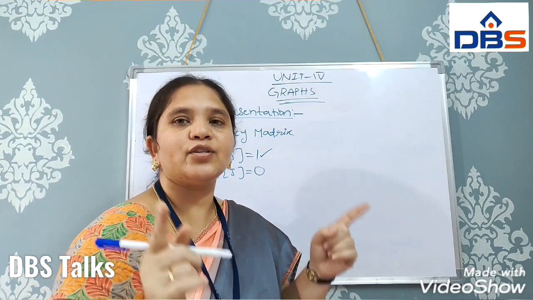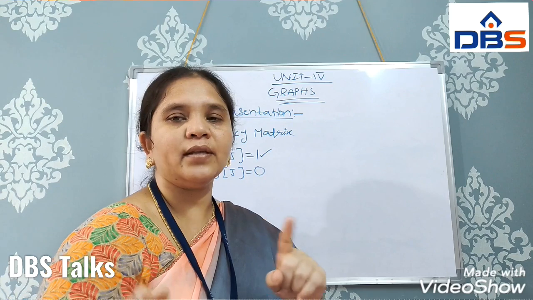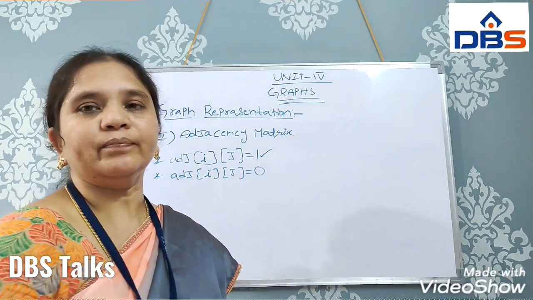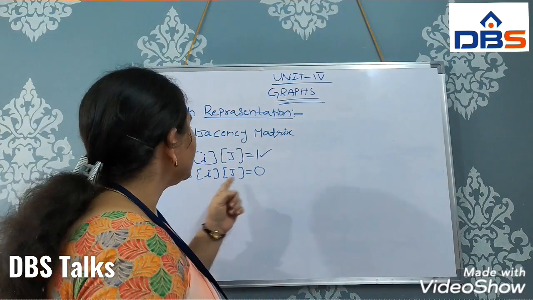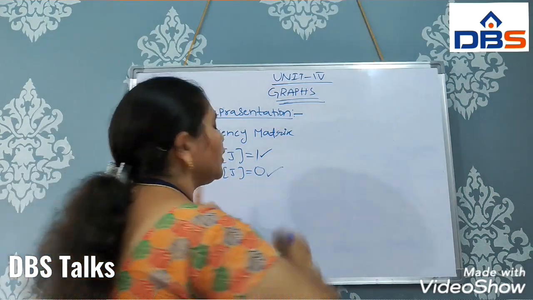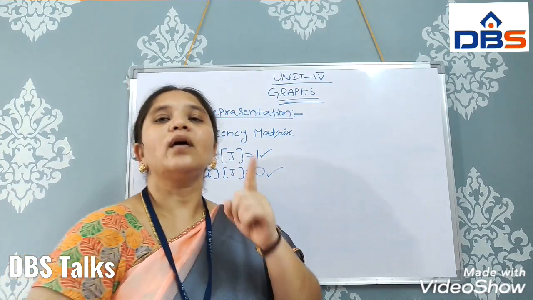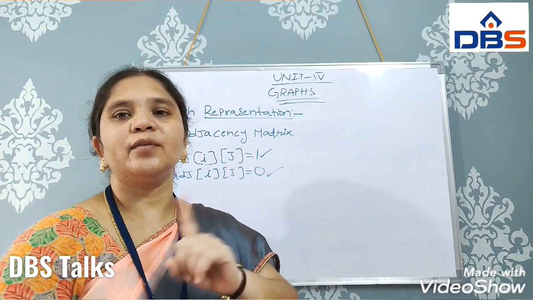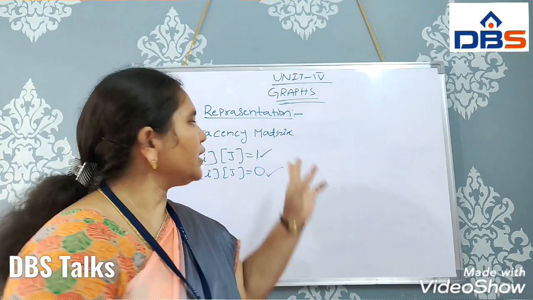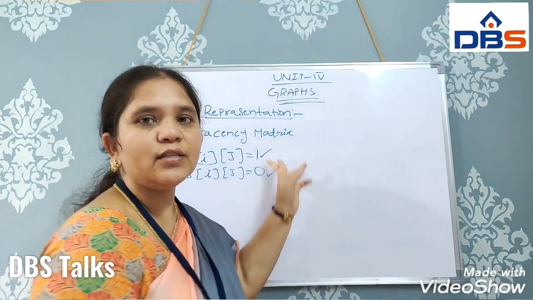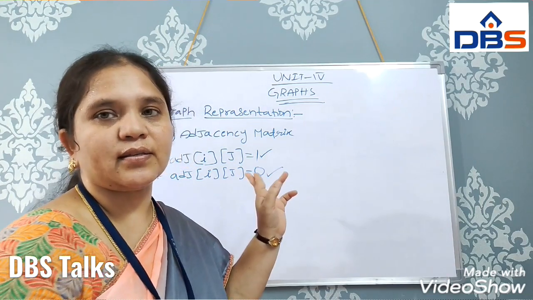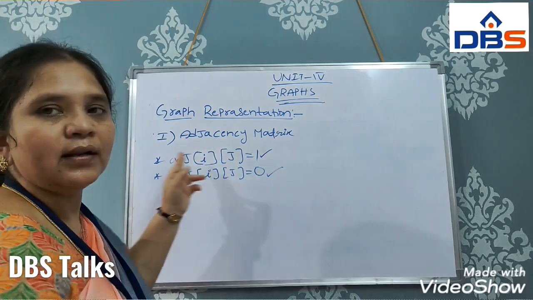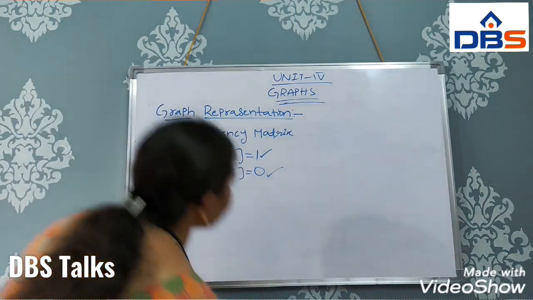ADJ of i j equal to 0 indicates there is no connection between that pair of vertices. That is the meaning of these two examples.